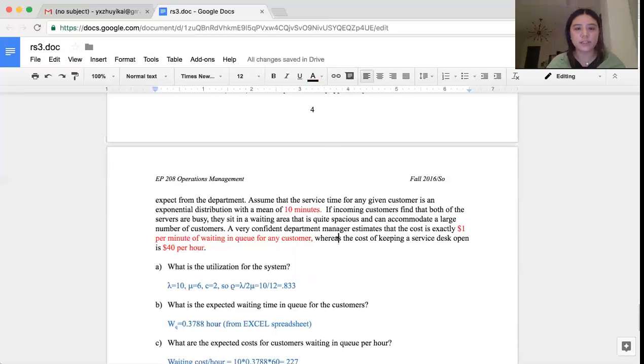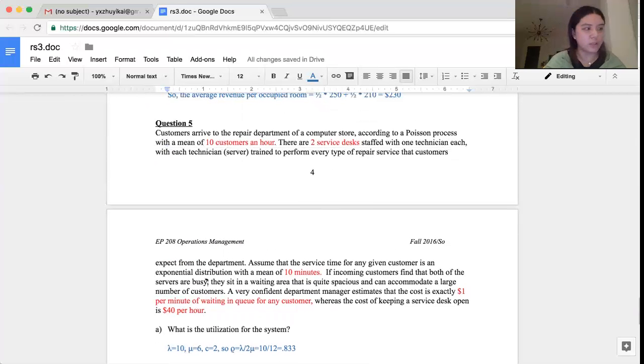So what is the utilization for the system? We know the lambda, which is the arrival rate, is 10 customers per hour.